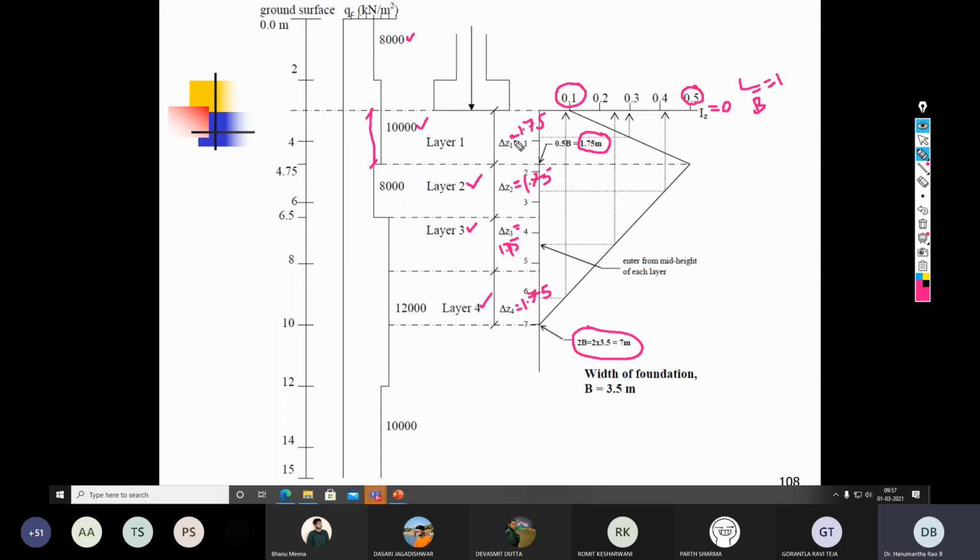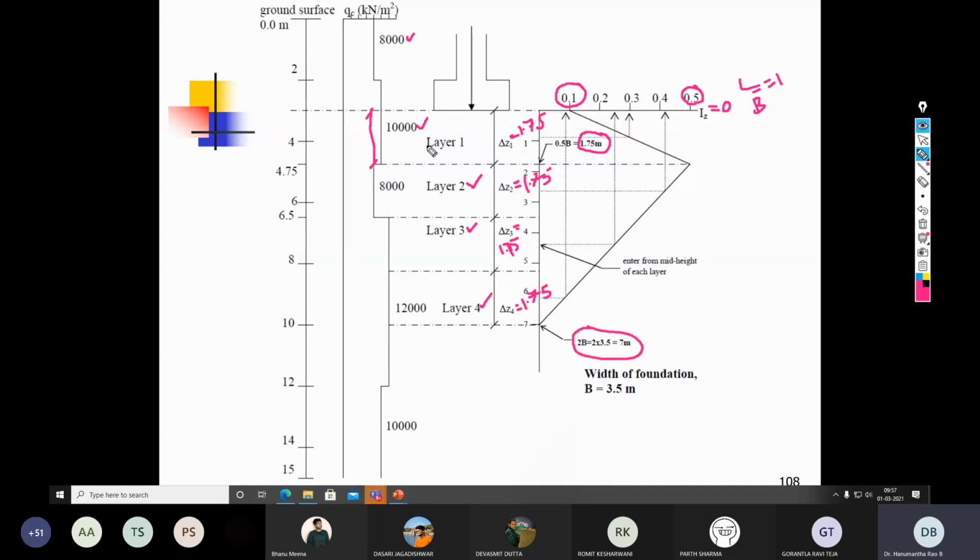Okay. So this is how you need to divide the entire thing into so many layers. Again, I will repeat. There is no particular rule that you have to divide only in this fashion. I have divided this layer based on the ease of the QC value.